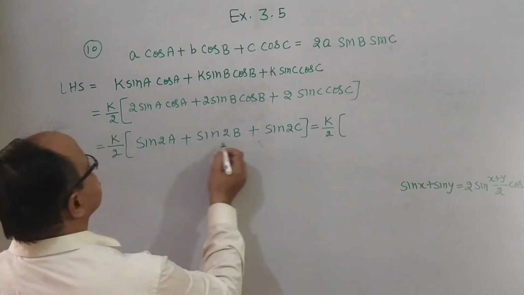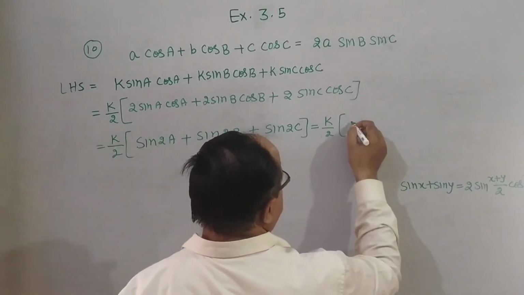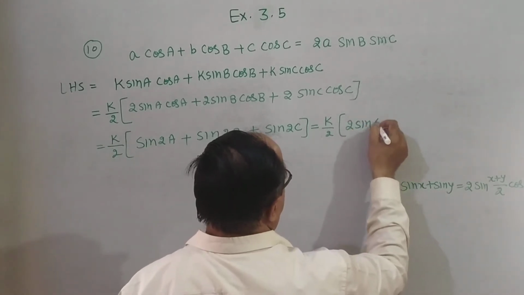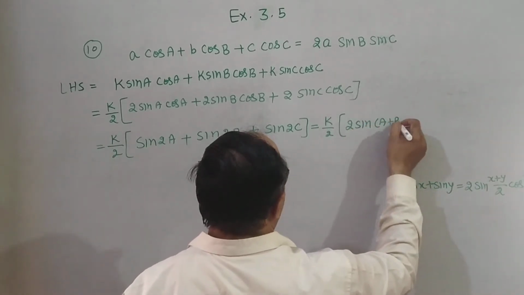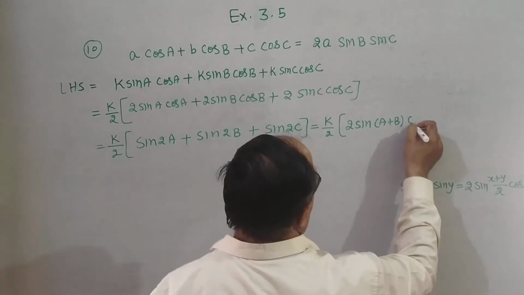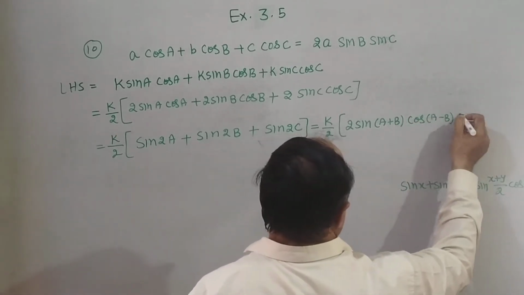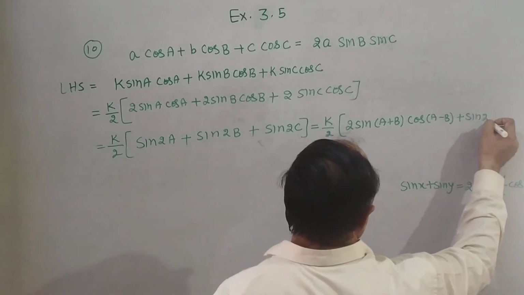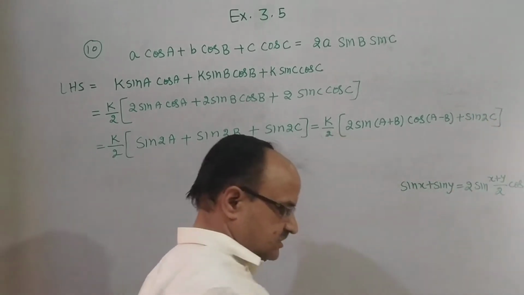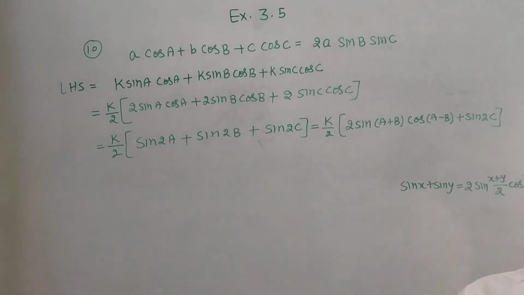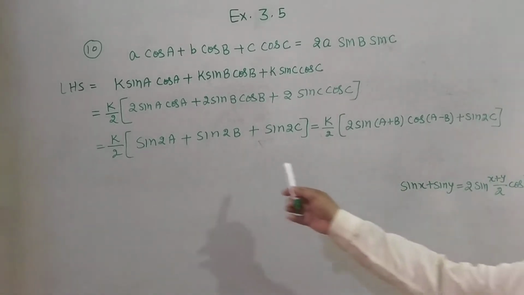Apply here. So that is 2 sin (A plus B) and cos (A minus B), and this sin 2C as it is. We will check again.